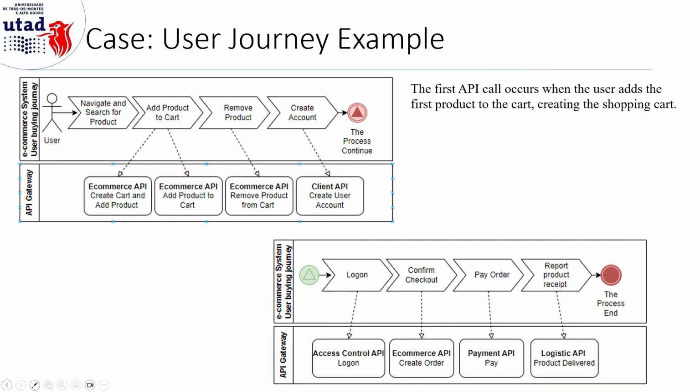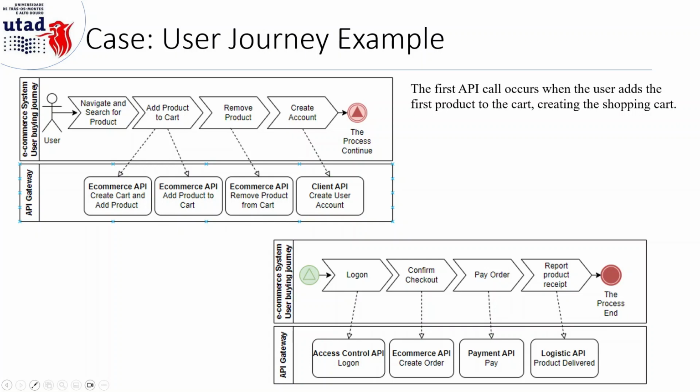To present the ontology result in its application, we introduce a hypothetical case of an online buying process on an e-commerce website. The user navigates to search for products, add to cart, remove from the cart, and so on. When they finish their search, they go to the cart checkout.